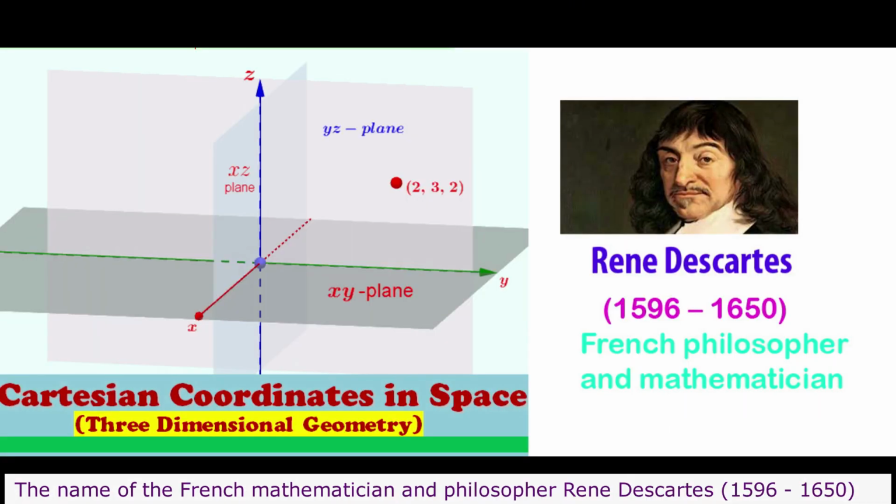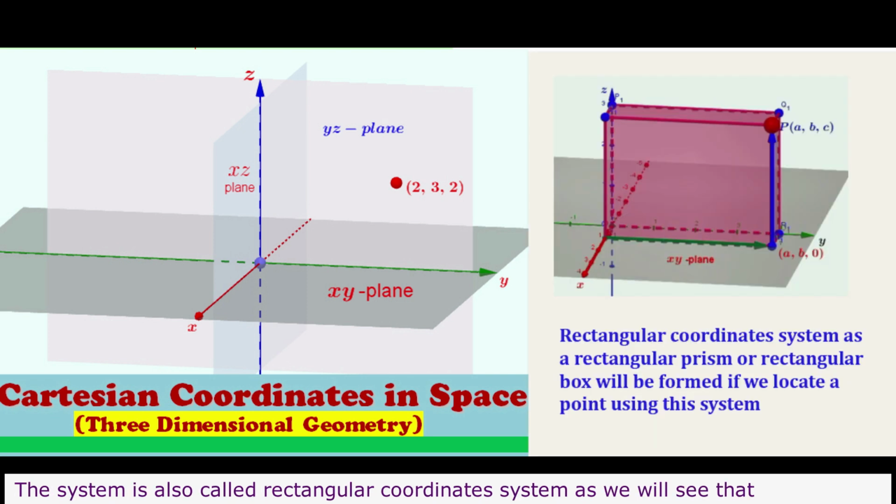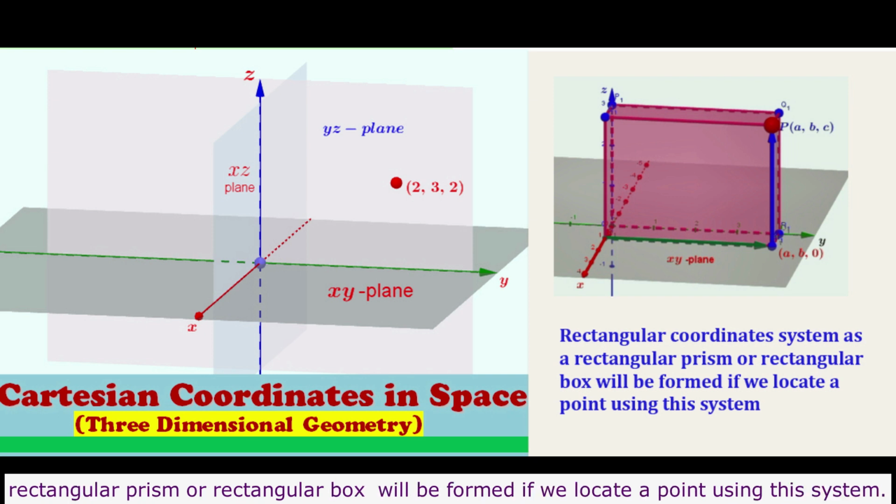The name of French mathematician and philosopher René Descartes is commemorated in the terminology Cartesian coordinates. The system is also called the rectangular coordinate system, as we will see that a rectangular prism or rectangular box will be formed if we locate a point using the Cartesian coordinate system.